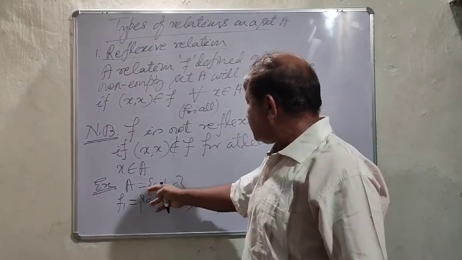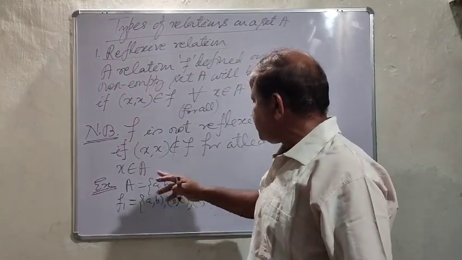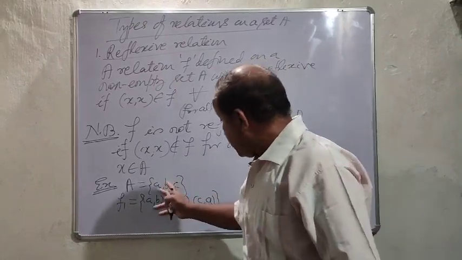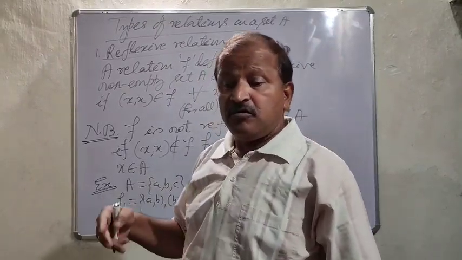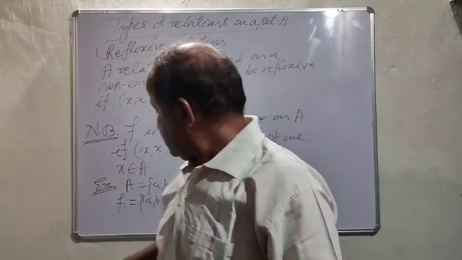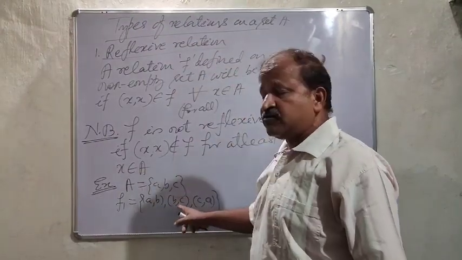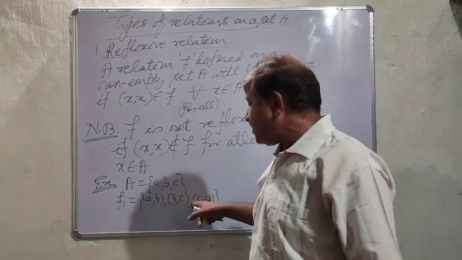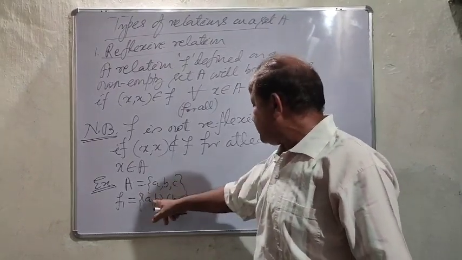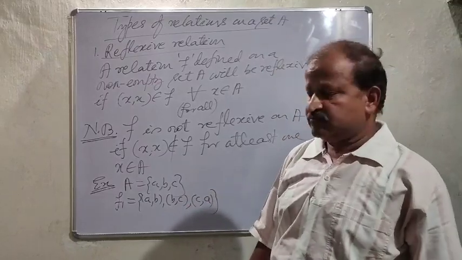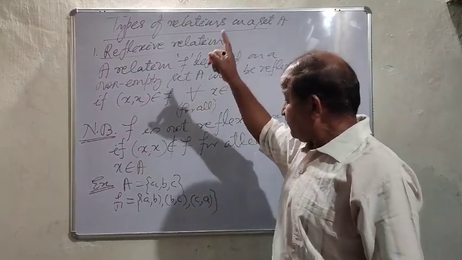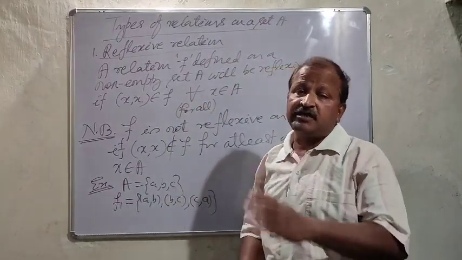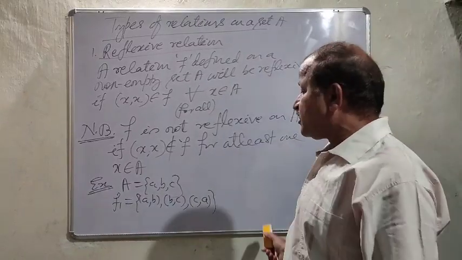Because A has three elements A, B, C, but none of them is related to itself. A is not related to A itself. A is not there. Similarly, B is not there. Similarly, C is not there. We have said that if at least one element is not related to itself, then it is not reflexive.